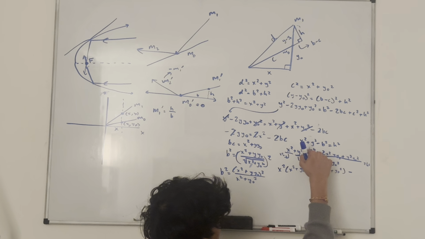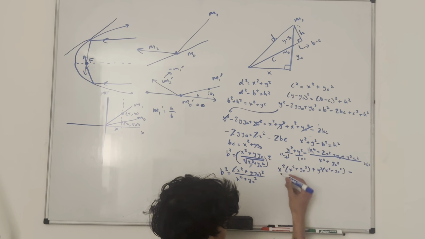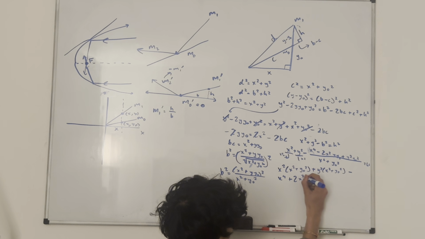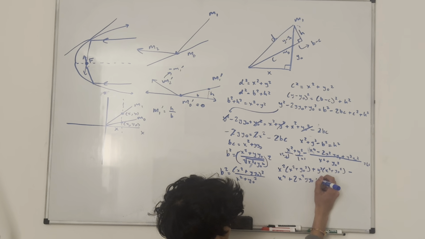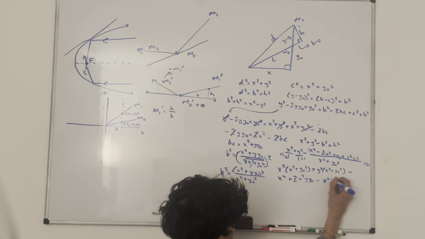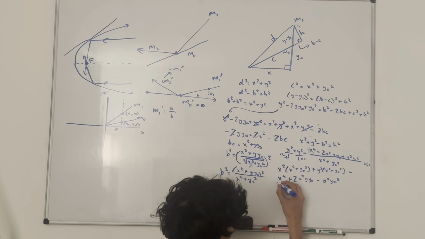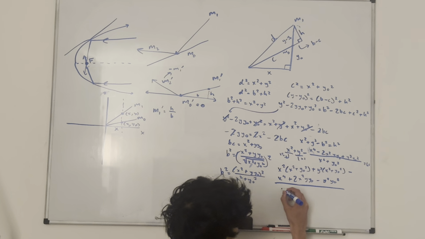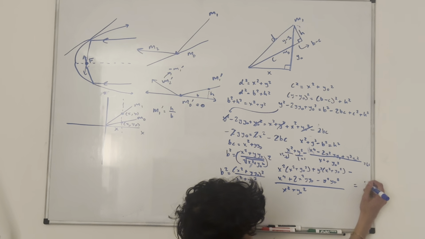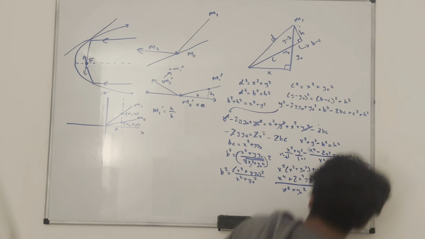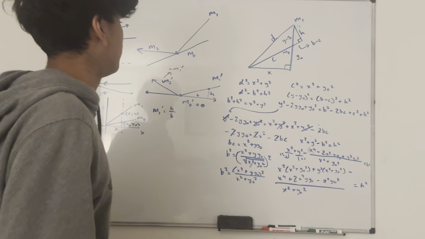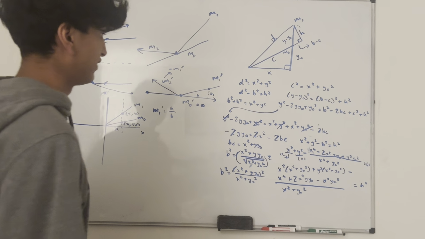Minus, okay, I'm minusing all the numerators. So I'm doing minus x to the fourth plus 2x squared y initial minus y squared. All right, minus all that, all over x squared plus y initial squared, is equal to h squared. Goodness me. But what you're going to hopefully see is we're going to get a lot of canceling out.